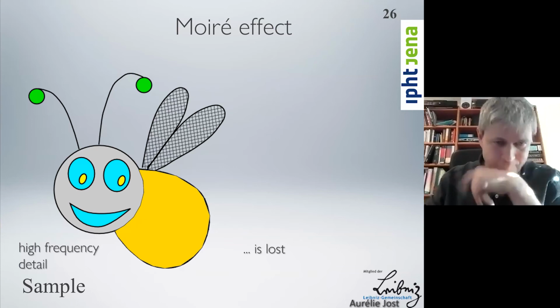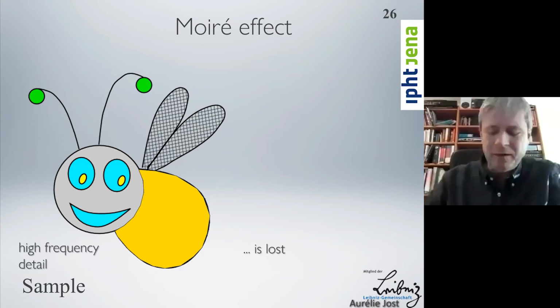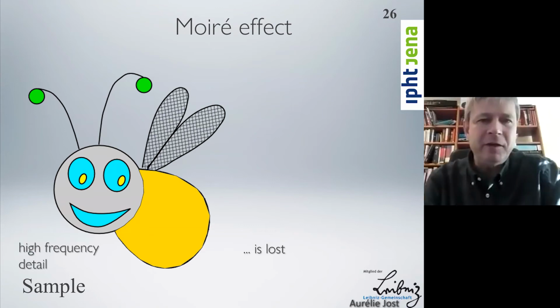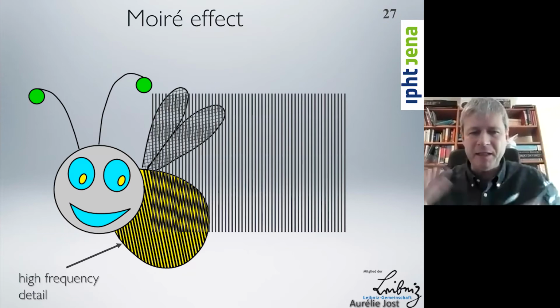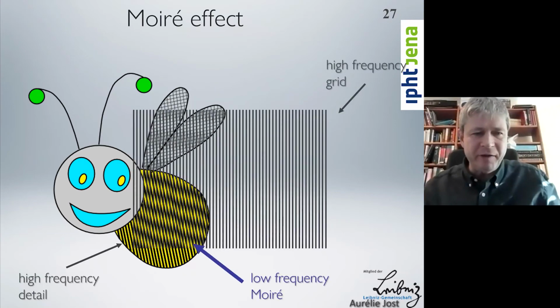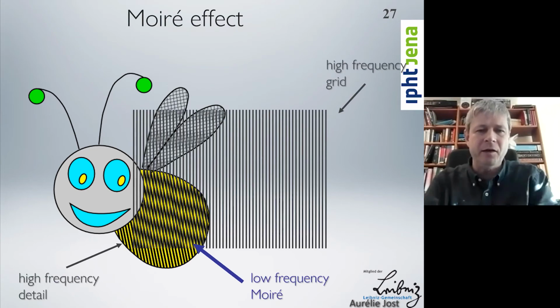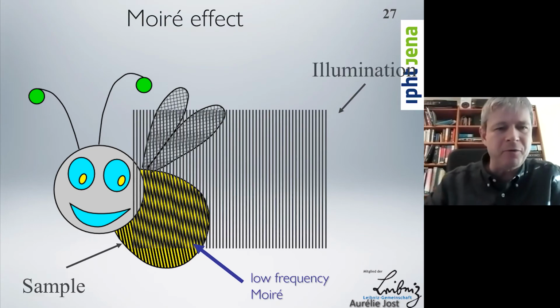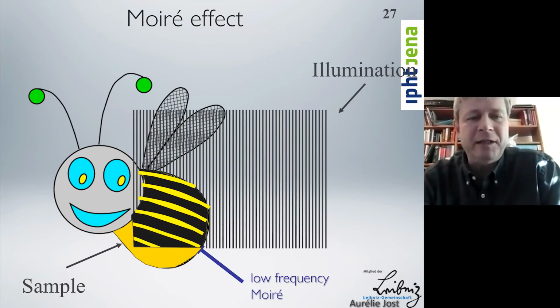But then what you can now do is, instead of imaging it directly, you first illuminate it with another very high frequency grid that you generate by interfering laser beams, for example. What you then get is this interesting effect called the Moire effect, and you see these very low frequency fringes here. And these low frequency fringes you can, of course, observe without problems with your microscope. So they would look roughly like this.